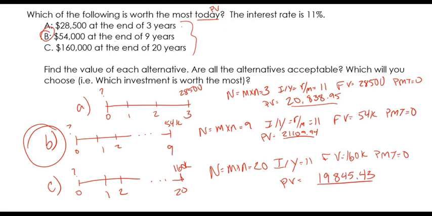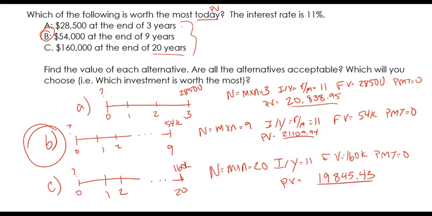Because if you were to deposit the $54,000 for the remaining time up to 20 years, you would have more than $160,000. If you were to deposit $28,500 for the remaining 17 years, you would also have more than $160,000. So it's not possible to make a comparison unless they're at the same point in time.